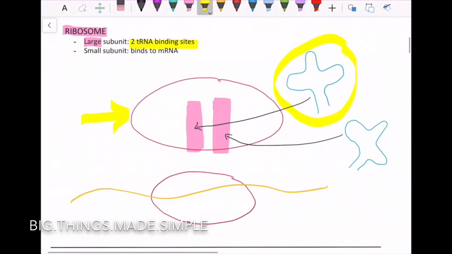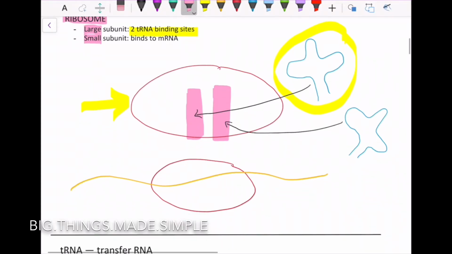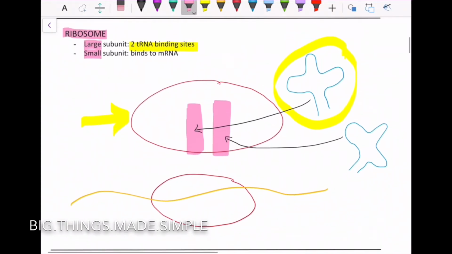So at any one moment, the large subunit may have two tRNAs bound to it. Then we have the small subunit, which binds to the mRNA strand.